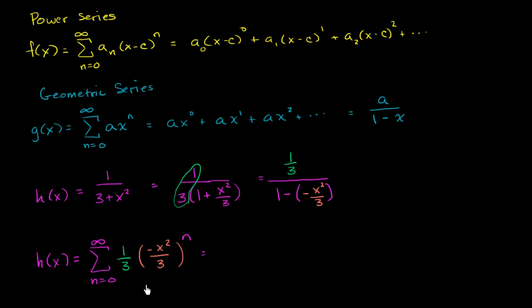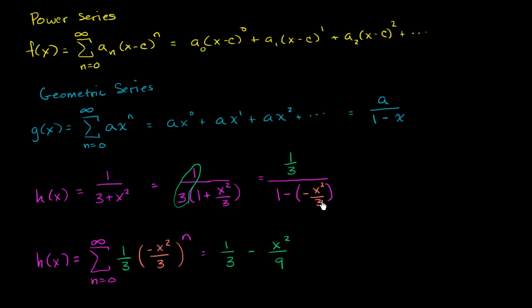Well, the first term, when n is equal to 0, this whole thing just becomes 1. So this is just going to be 1/3. And then the next term, I'm just going to multiply by the common ratio, negative x squared over 3. So if I take 1/3 and multiply by negative x squared over 3, that's going to be negative x squared over 9.